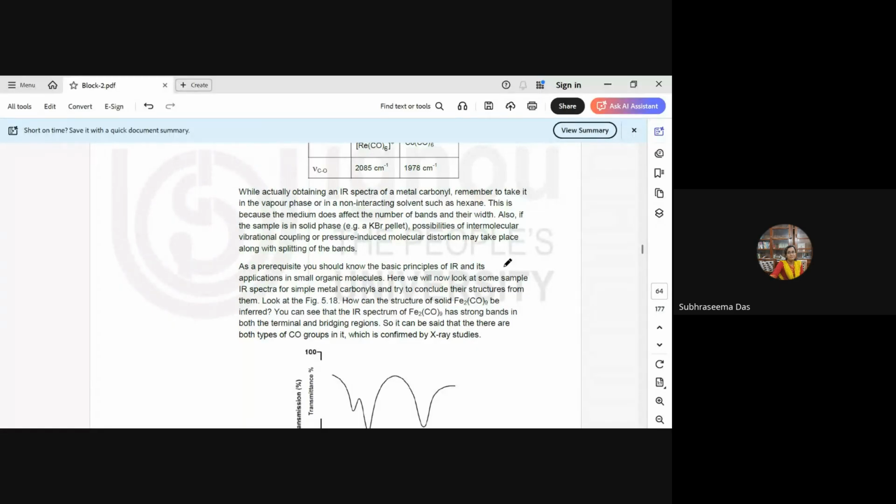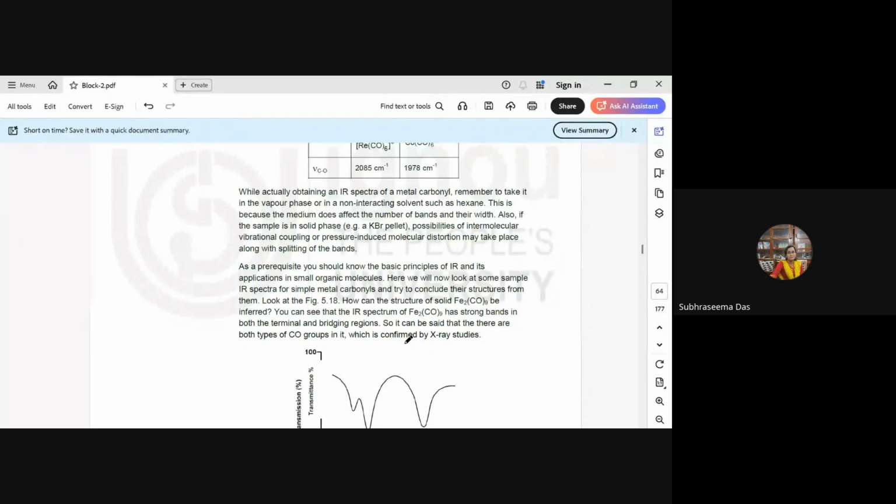Now, when we take an IR spectrum of a metal carbonyl, we always take it in the vapor phase, or in the liquid phase, or particularly in a non-interacting solvent, that is hexane. Hexane doesn't react with the metal carbonyls easily. So why do we take a non-interacting solvent?